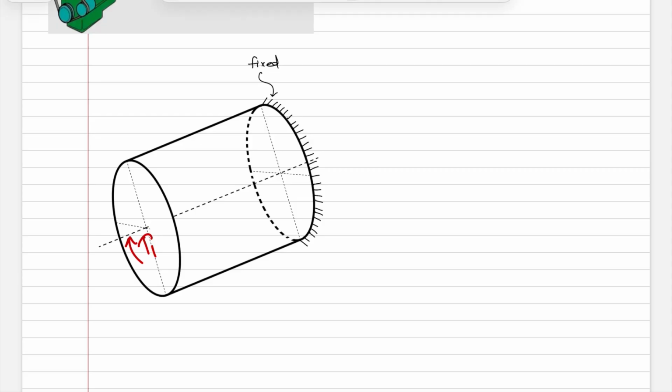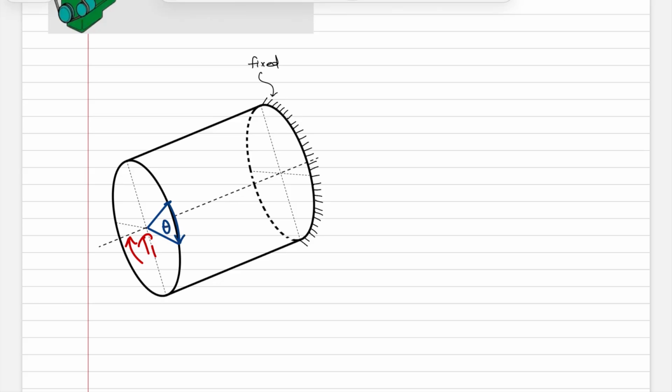Considering that this is a shaft that is flexible, that torque that you're applying will then cause, let's say that we are measuring from some point here, that surface over here to rotate by some angle theta. Let's say I'm marking that as shown here.